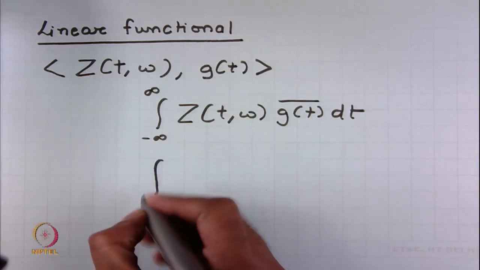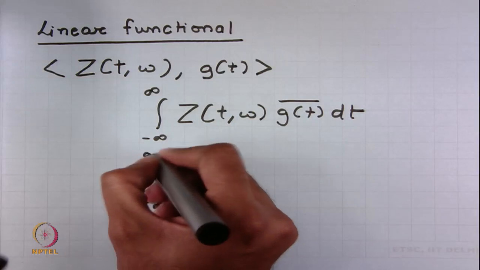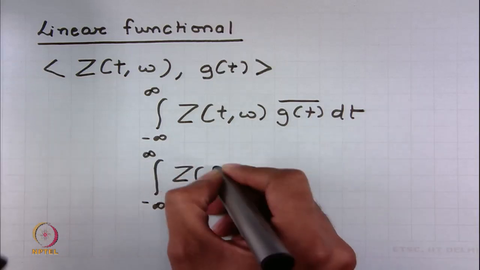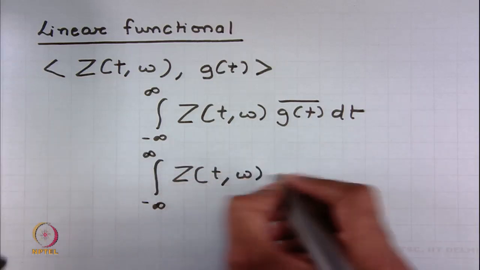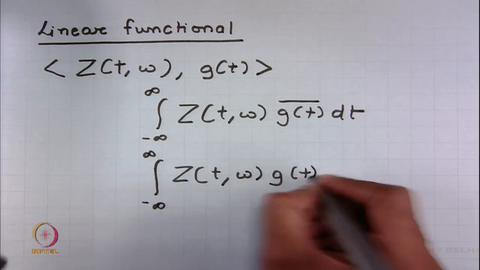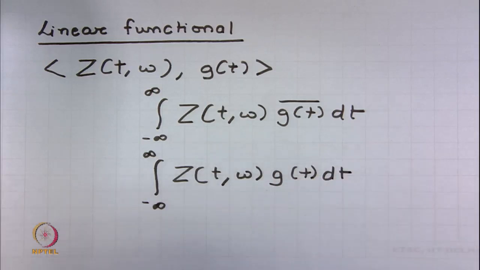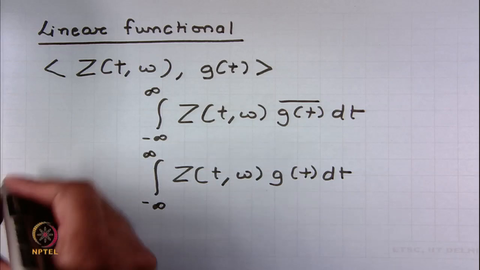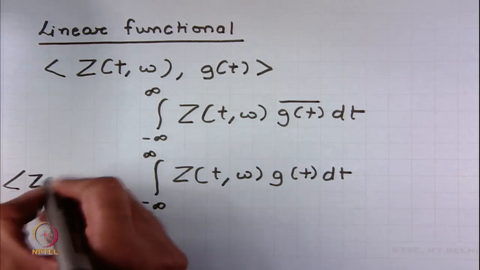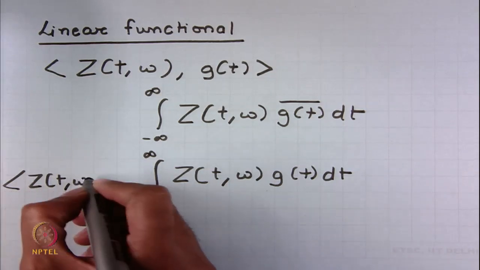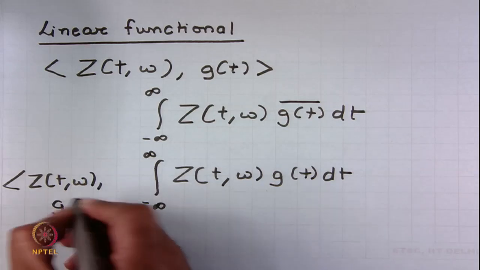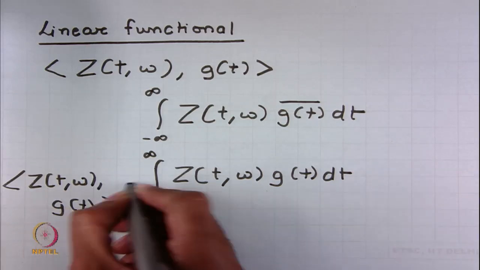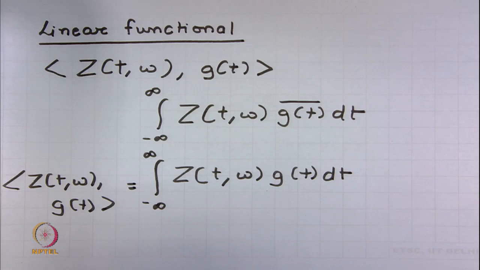So, the inner product of a random process with a deterministic function, if everything is real, can simply be calculated like this. This is the inner product of a random process with a function, and this we call the linear functional of a random process.